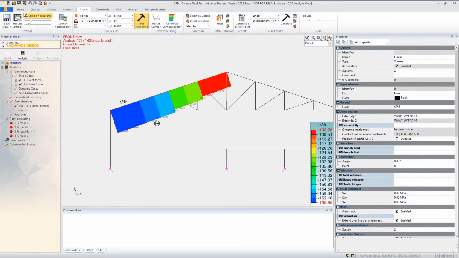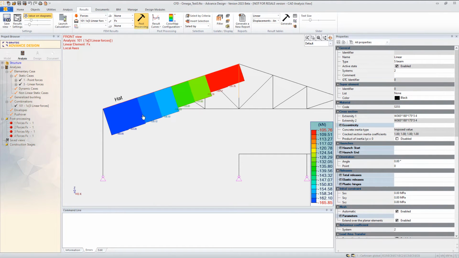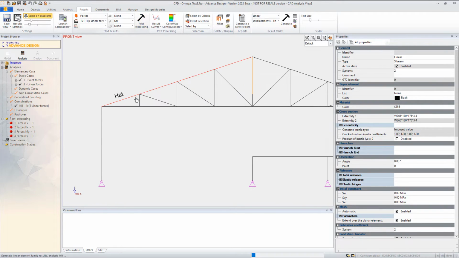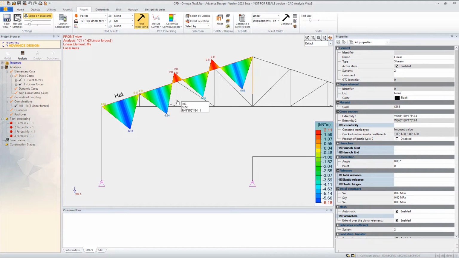And as we could expect, because I'm working on the top chord, it is compressed. The bottom chord would be in tension, but here I'm getting significant compression, because in Advanced Design a negative axial force stands for compression. So significant compression and probably a bit of bending moment. It's not huge, but it will impact the design.